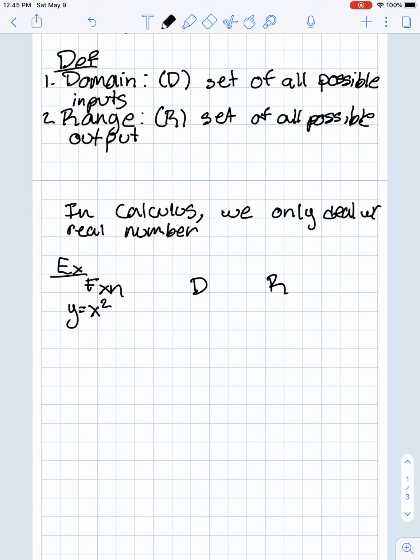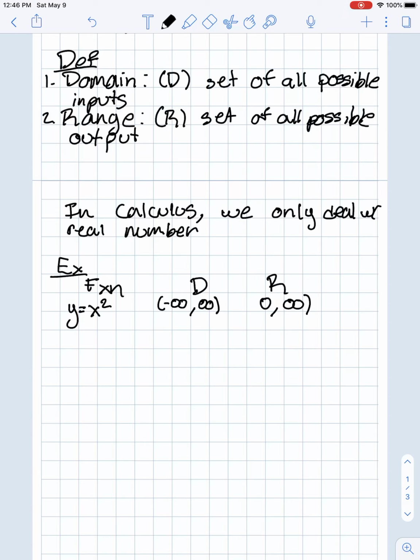I can put a negative number, I can put 0, I can put a positive number. So we say that the domain is -infinity to infinity. And then my range, what are some possible outputs? I'm dealing with the real numbers here, so if I square a real number, I'm going to get a positive number back out. So I'm going to go from 0 to infinity.